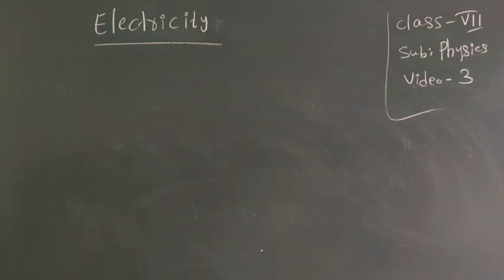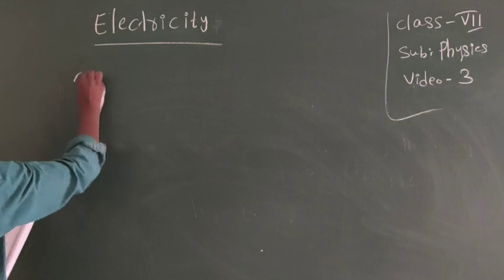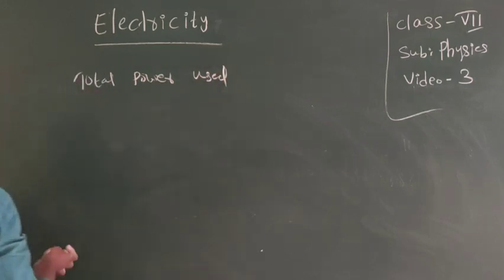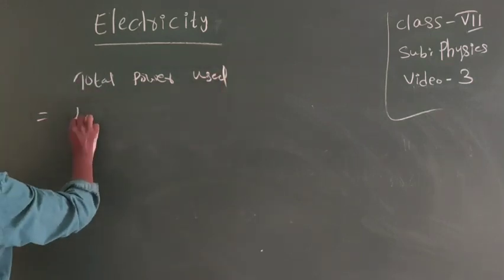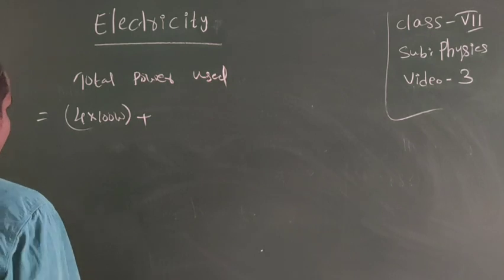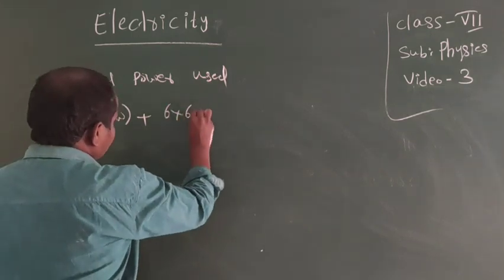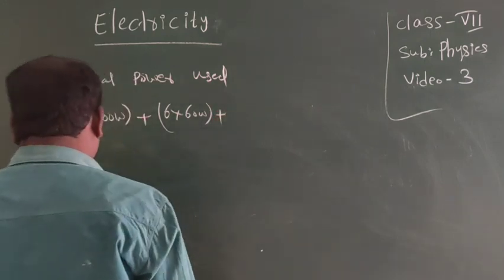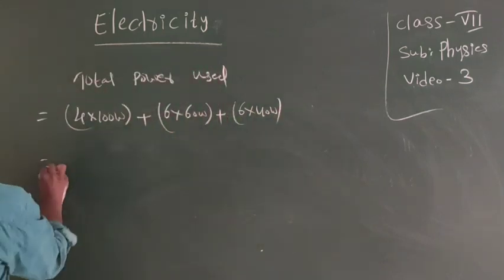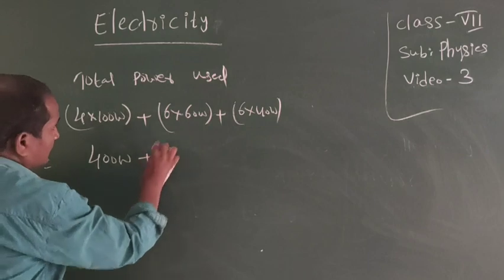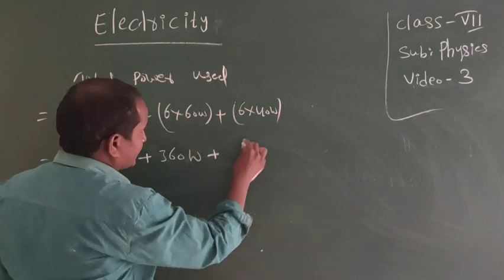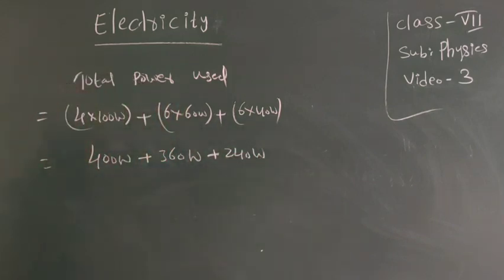What is the total current here? Total power used equal to 100 watts, 100 into 4, 400 watts, plus the next 60 watts bulb, 6 into 60, 360 watts, plus the 40 watts bulbs, 6 into 40, 240 watts.